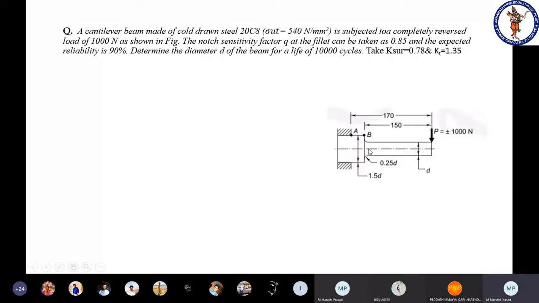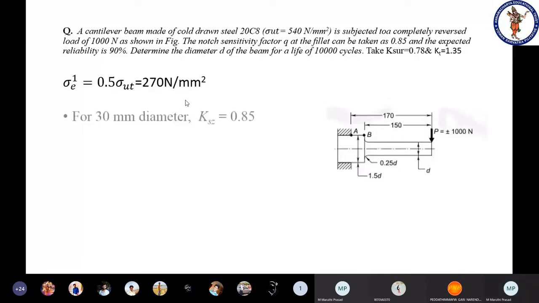As usual, we will solve this problem by drawing the SN diagram. In order to draw this SN diagram, we need the data. First, the theoretical endurance limit is 50% of ultimate strength, that is 270 Newton per mm square.